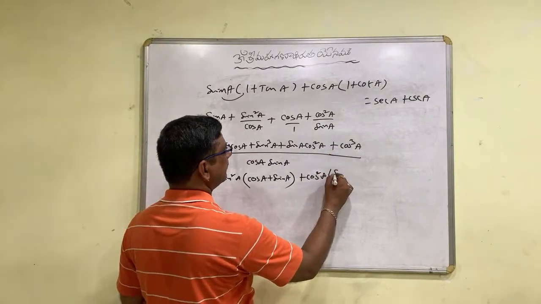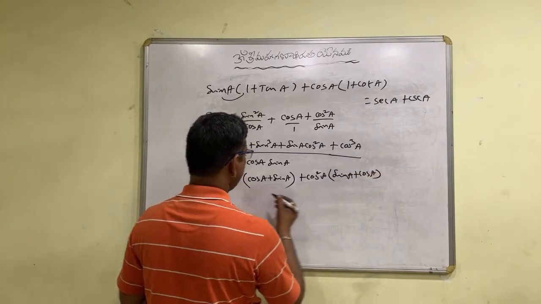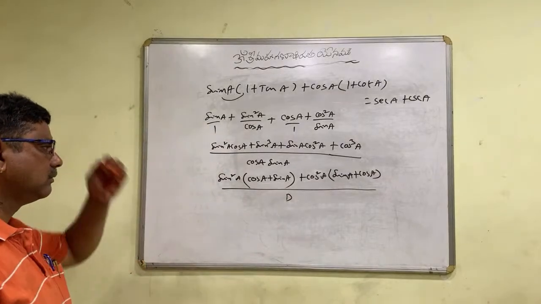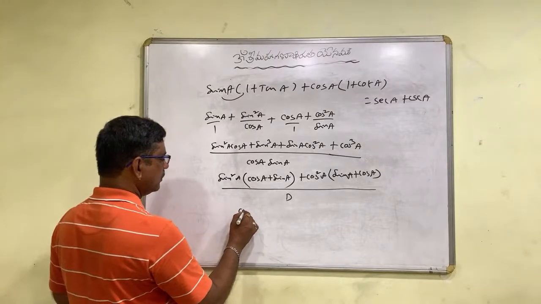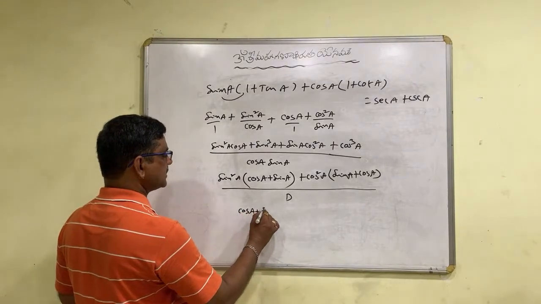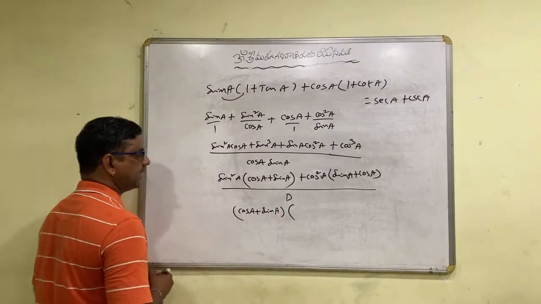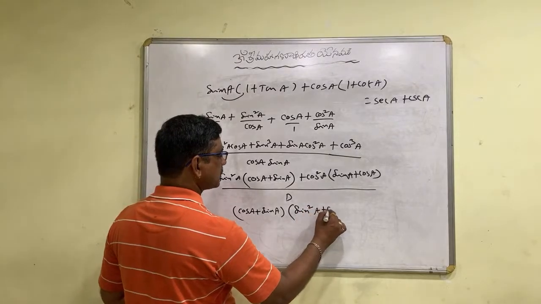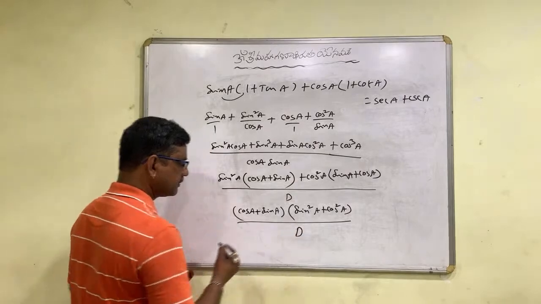What is remaining? Sin A plus cos A by denominator. Now we can take cos A plus sin A common. What is remaining? Sin square A plus cos square A by denominator.